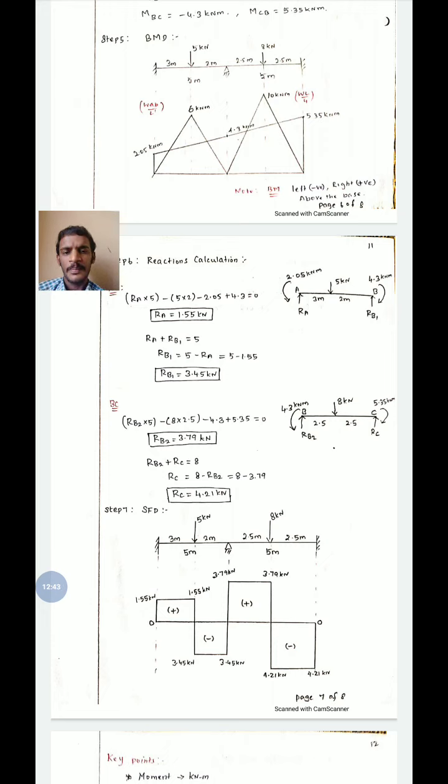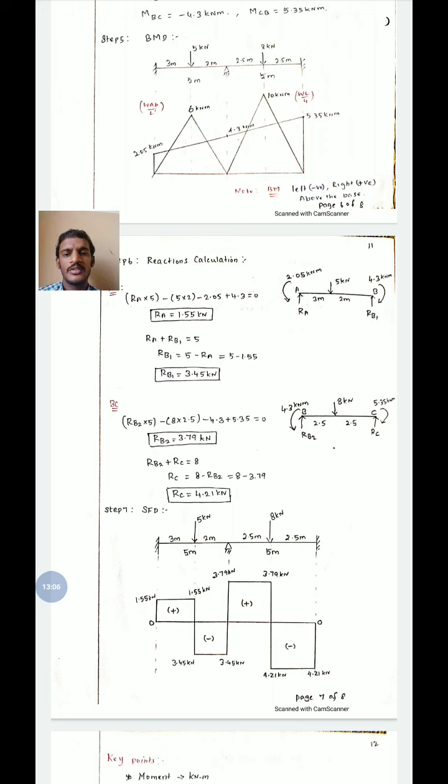Calculating the reaction value using moment at the C point, we get RB2 into 5 meter minus 8 into 2.5 minus 4.3 plus 5.35. Finally, we will get RB2 as 3.79 kilonewton.